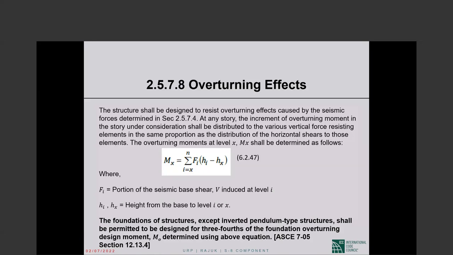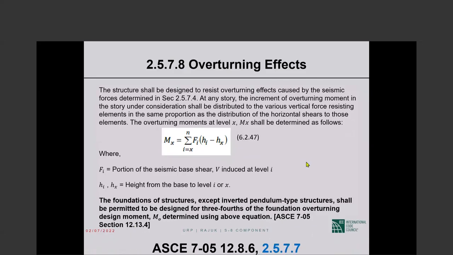So this is a fairly significant break that you get. Foundation design does not have to be for the overturning moment at the base, at the soil foundation interface; you can take a 25% discount on that. And this is in ASCE 7-05 as well, section 12.13.4. This discount for foundation design.